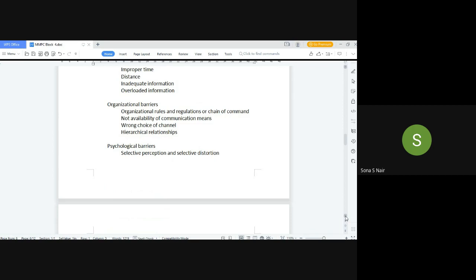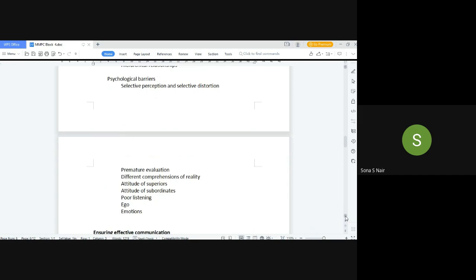Selective distortion is I would tweak something according to my own thinking, right? Premature evaluation, before you hear someone out, you are actually thinking that this is what they want to say because of some words that they used. Again, you're not getting the true meaning of the message. Different comprehensions of reality.